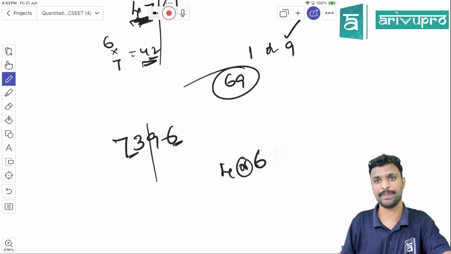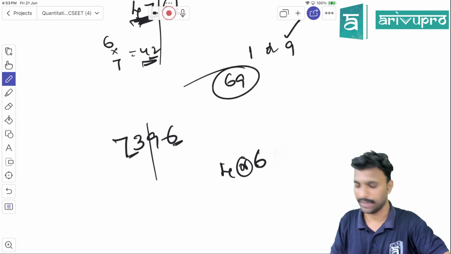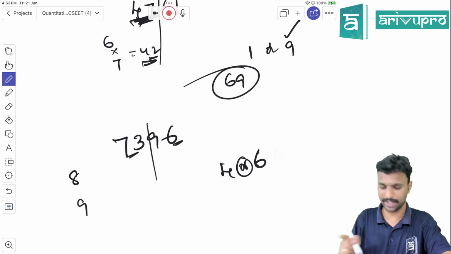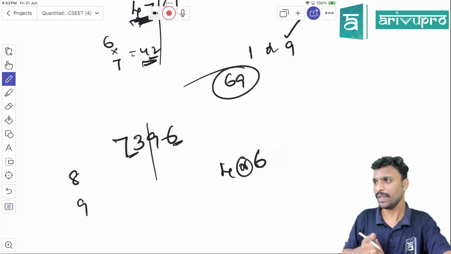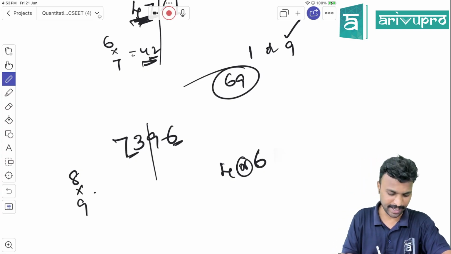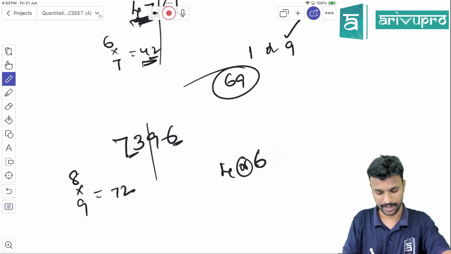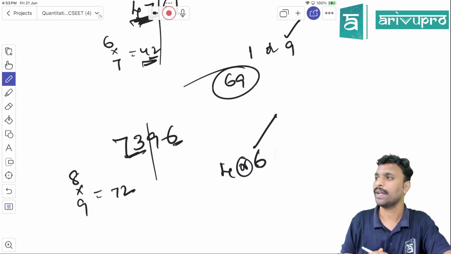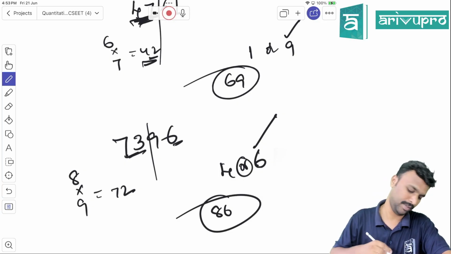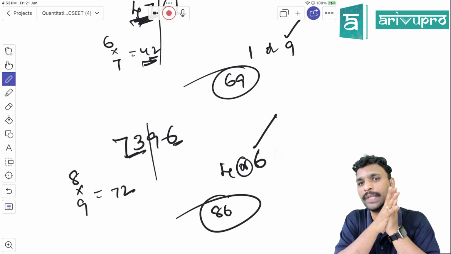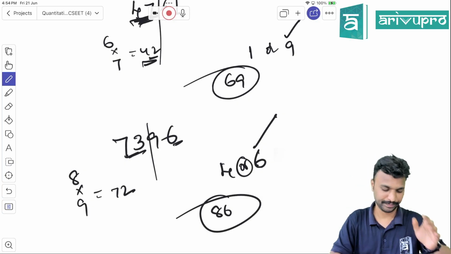So 73 is between 64 and 81, so 8. It is 84 or 86. It can't be 9. 8 nines are 72. Is 73 greater than 72 or lesser? Greater, so we take the greater number. Answer: 86. Clear?